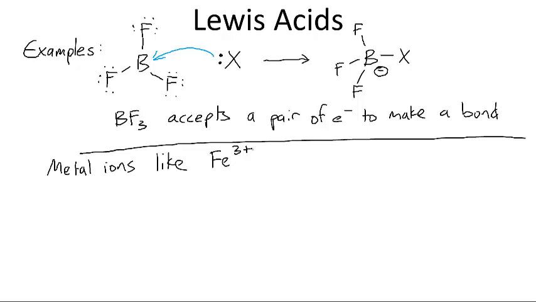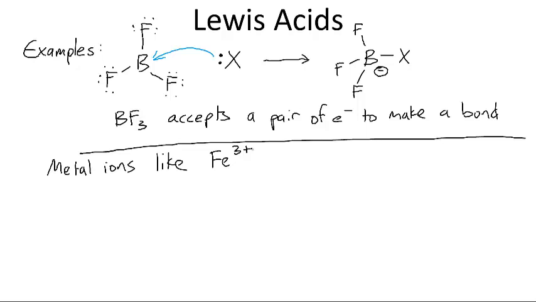Why would a metal ion make a good electron pair acceptor? Why would something with a lone pair see a metal ion and say, hey, why don't I share with you? Because it's really positive, right?